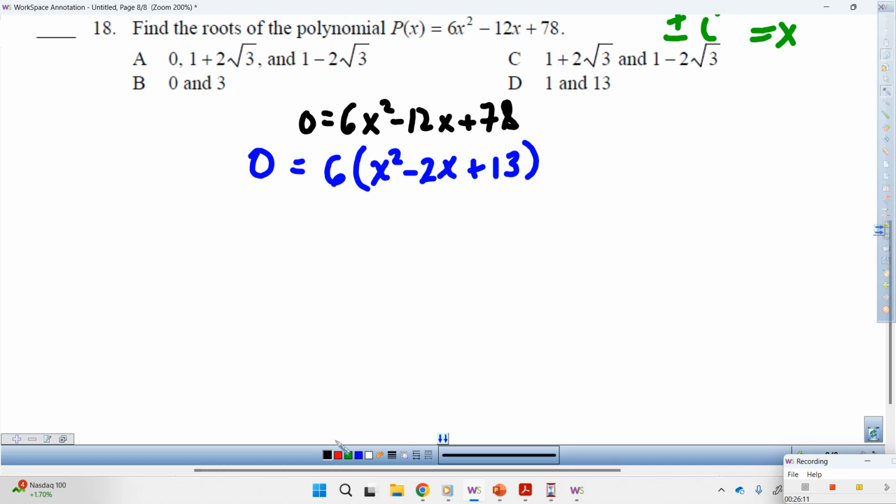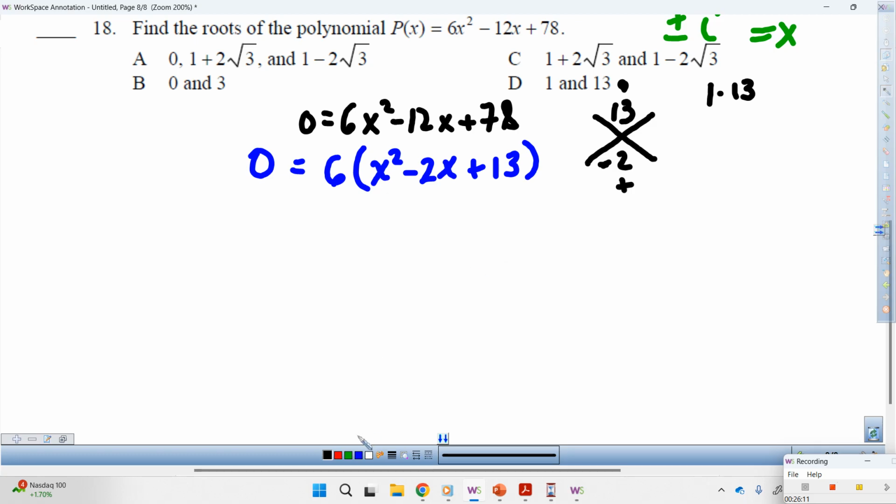Next, what does your brain want to do with this trinomial right here? Let's see, 13, negative 2. What two numbers multiply give me 13? 1 times 13. Anything else? No. Can you add or subtract them to give us negative 2? No, it doesn't work, Mr. Q. What do I do next?